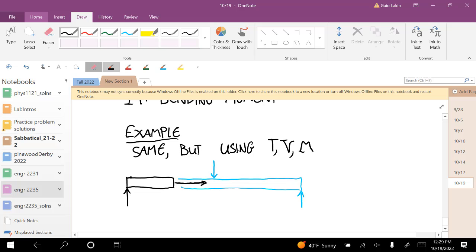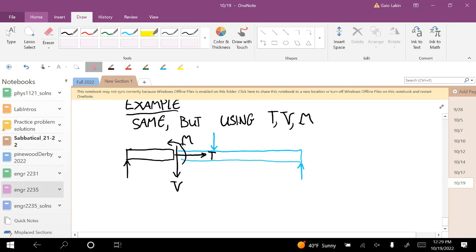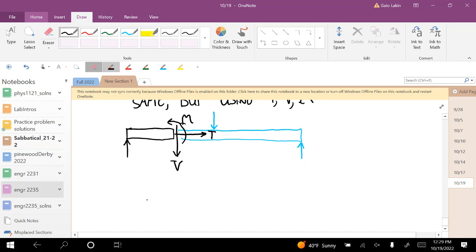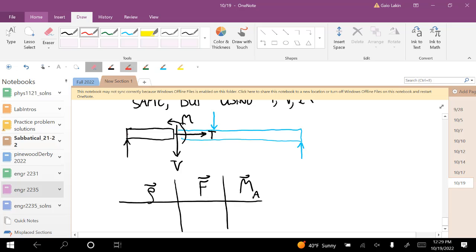So the internal loads are T, V, and M. And again, this is a rigid body problem, so we can write out the table: rho, F, M. And I'm going to always do these calculations with the about point at the left end.